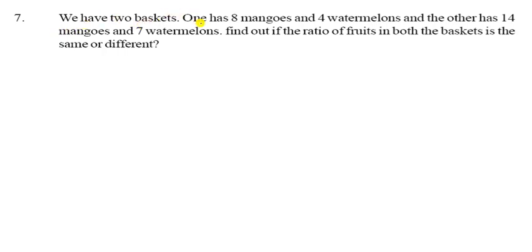Seventh, we have two baskets. One has 8 mangoes and 4 watermelons, and the other has 14 mangoes and 7 watermelons. Find out if the ratio of fruits in both the baskets is the same or different. So let us see what will happen in this.